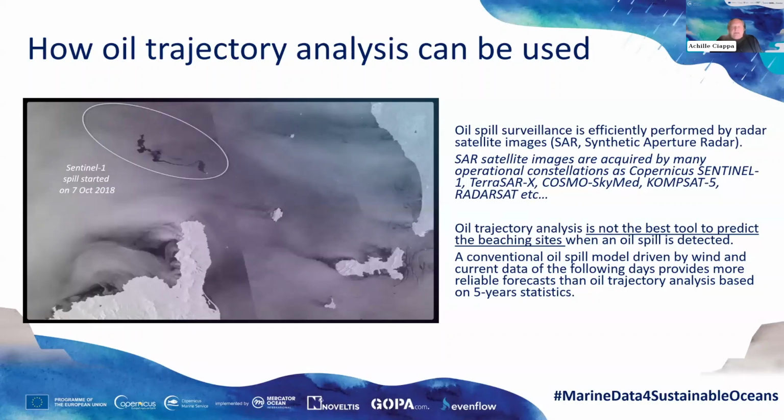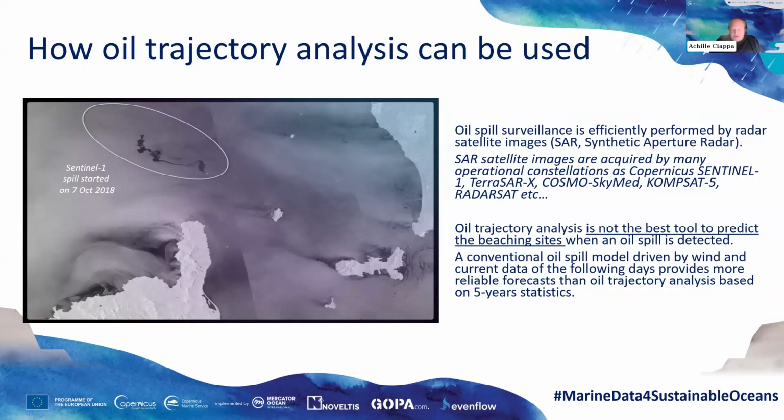I wish to say that SAR satellite images are a very efficient tool to detect oil spills. The SAR images are currently provided by many operational satellite constellations. It's Copernicus Sentinel-1, TerraSAR-X, COSMO-SkyMed.